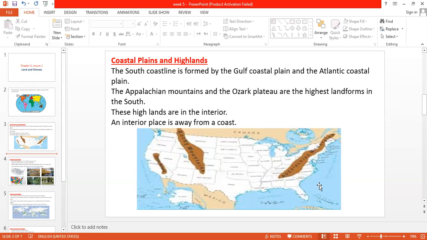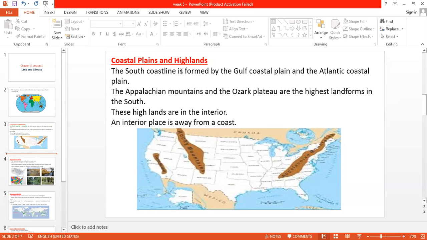What are these? The Atlantic coastal plain, which is located along the Atlantic Ocean, and the Gulf of Mexico coastal plain. This is if we speak about the coastal plains of the South.